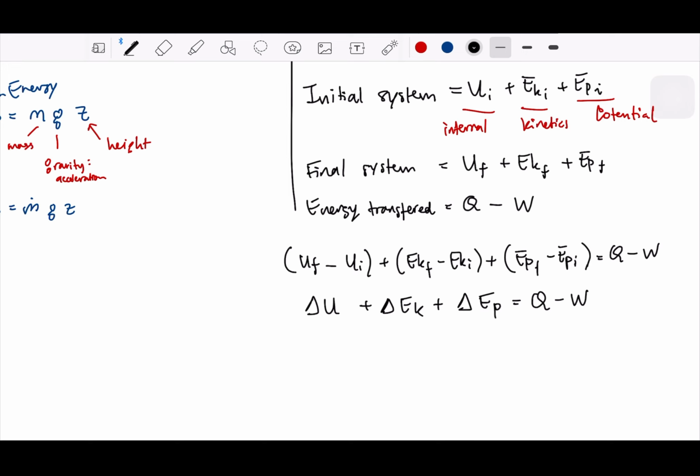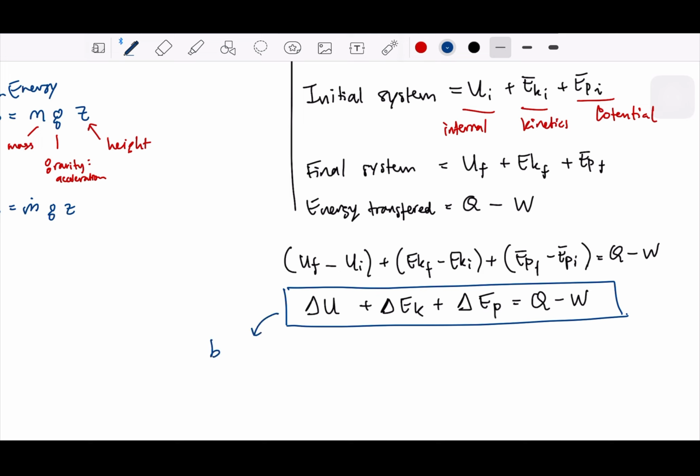We can say that this equation is the default equation, the basic form of the first law of thermodynamics for closed systems.